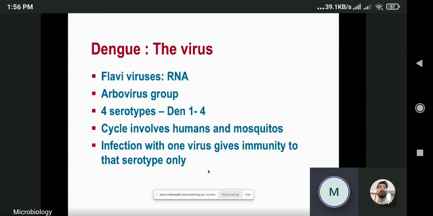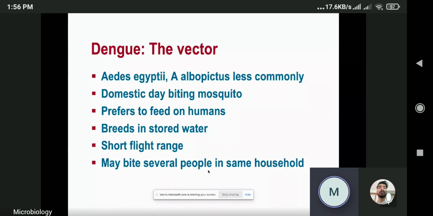As I have already mentioned, this is mosquito borne, and which type of mosquito? That is the Aedes aegypti. Okay, it is also called the tiger mosquito because it has black and white stripes all over the body, and it is smaller than the Culex and Anopheles mosquito.